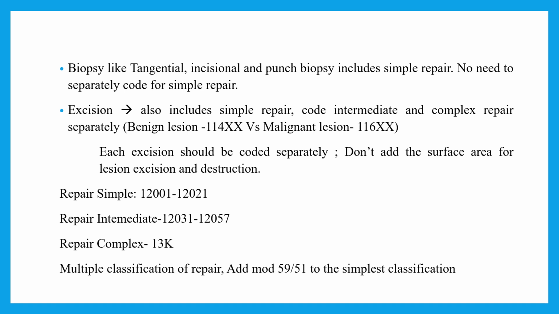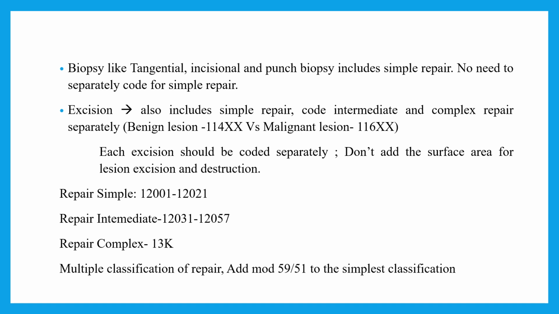Okay, so benign lesion and malignant lesion. In your options, if the code starts with 114, that is benign, and malignant will start from 116. This is going to help you while eliminating options.